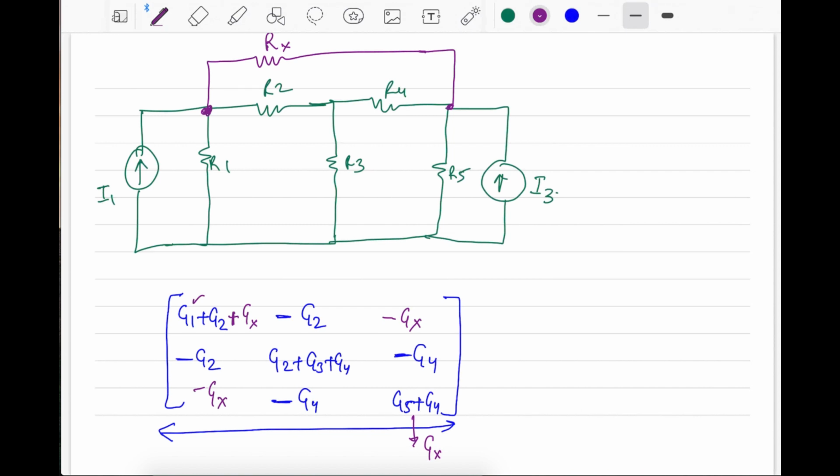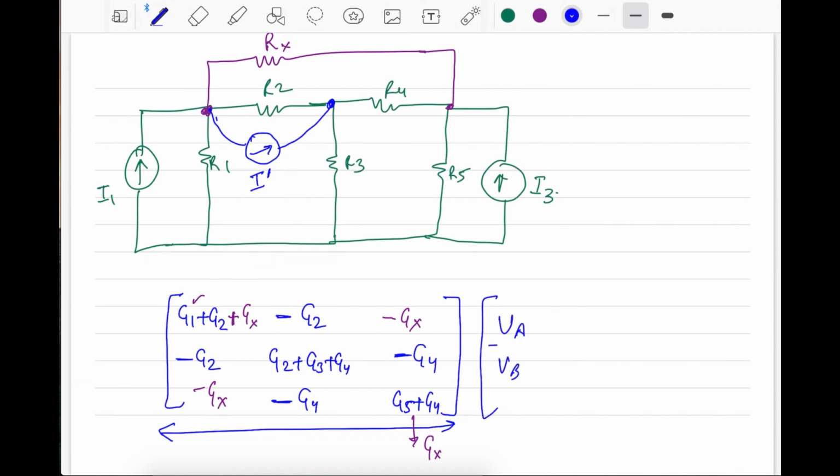Now let me put an additional constraint here. If we have a current source like this, let us put it as I dash and put it here. What will this create?